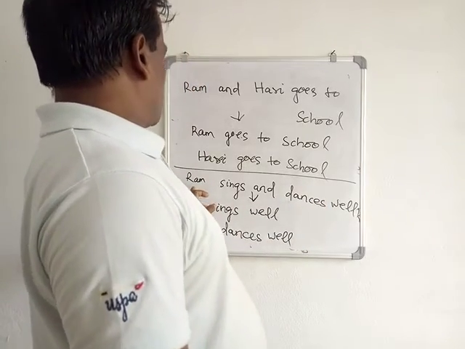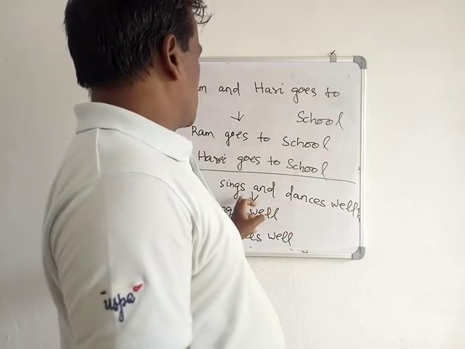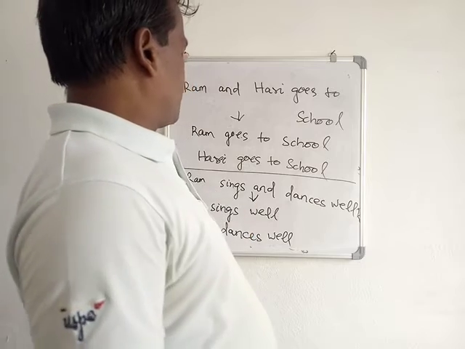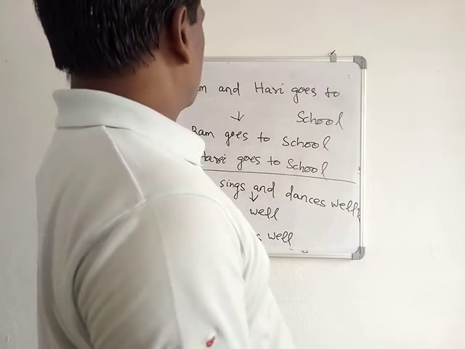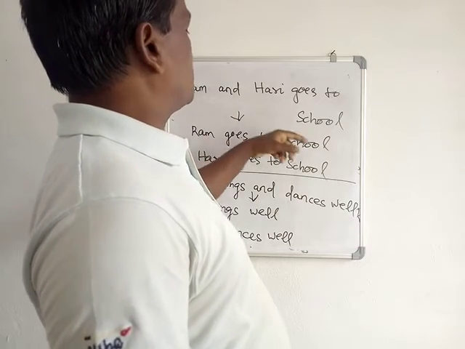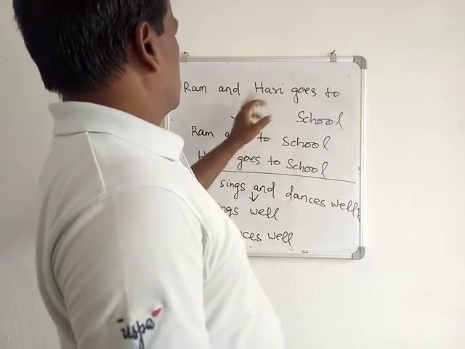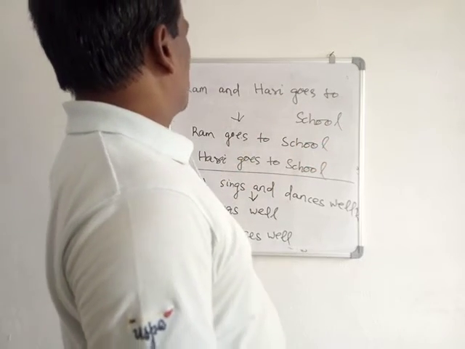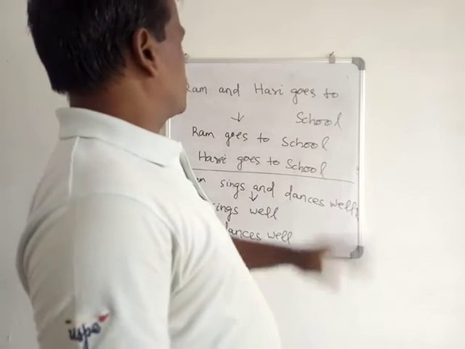In this example, there is one subject Rama and two verbs, sings and dances. It proves itself a sentence. Similarly, in the previous one, there is Rama and Hari, two subjects, but the verb is one, goes to school. The previous sentence also leads to two clauses, Rama goes to school, Hari goes to school.